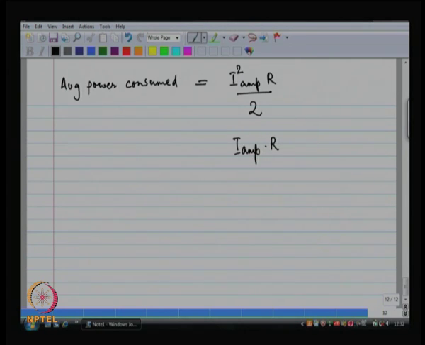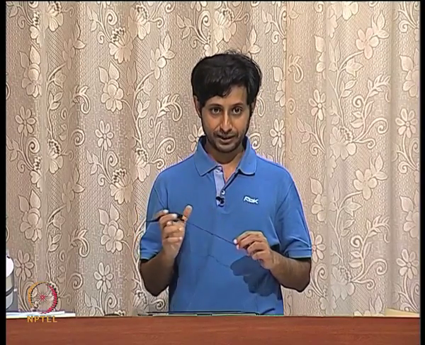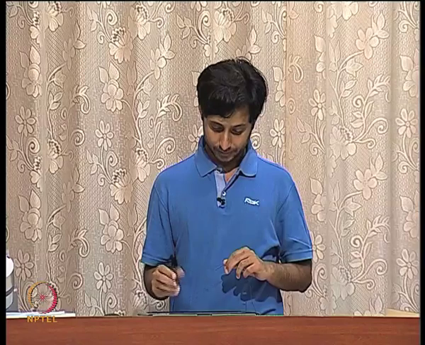At that point of time, the energy stored in the capacitor is half C times V squared. All right. So, the ratio of the energy stored to the average power being burnt is going to give me the quality factor. So, what is this ratio?